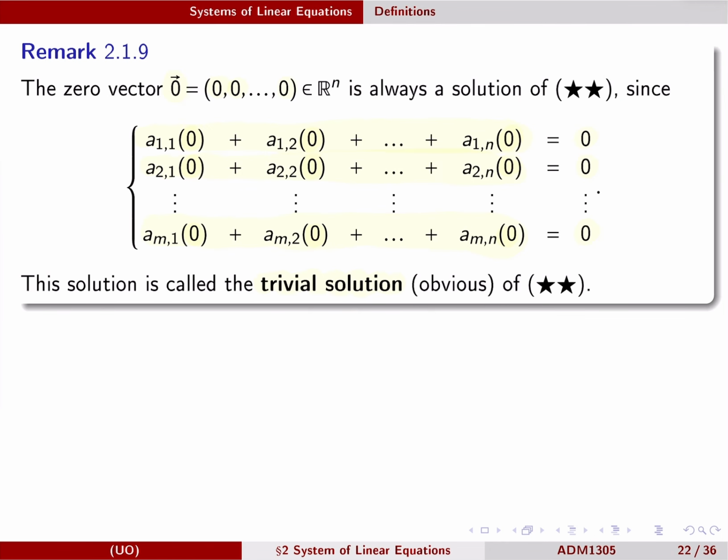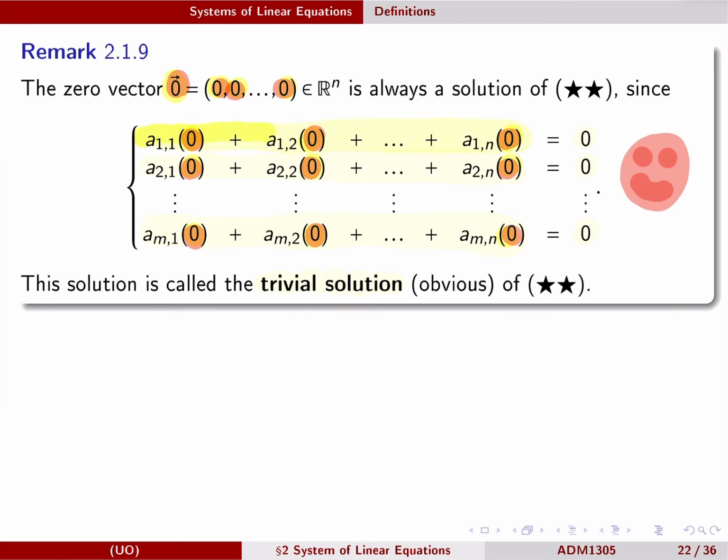What's so special about a homogeneous system is that one solution is super easy to figure out. If you replace every single variable by 0, or check if the 0 vector is a solution, of course the 0 vector is a solution, because if you replace all the x1 by 0, all the x2 by 0, all the xn by 0, it does not matter what the coefficients are.